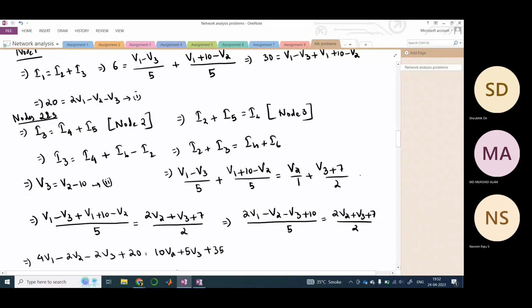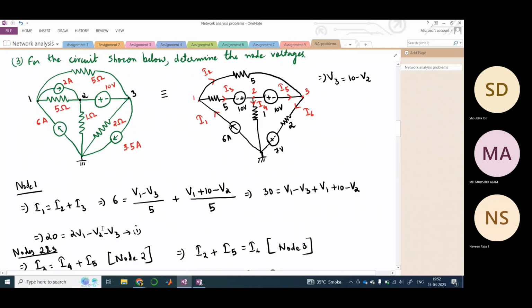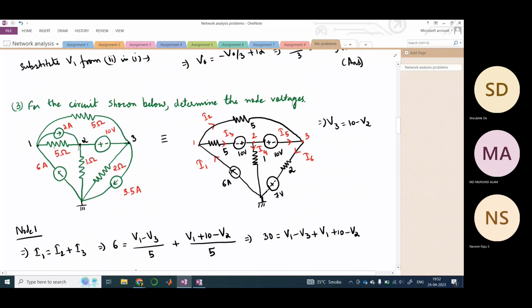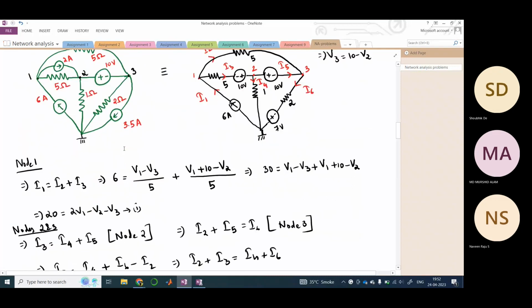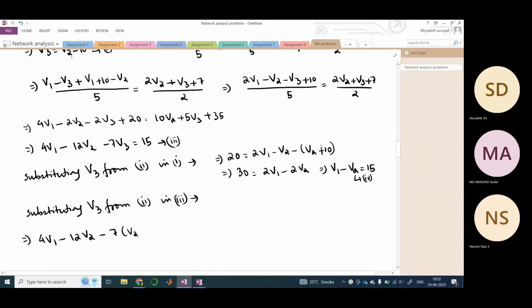So V2 equals V3 plus 10, right? So V3 would be V2 minus 10. Therefore this would also be minus here, and this would therefore become 10, and this would become 5, right?